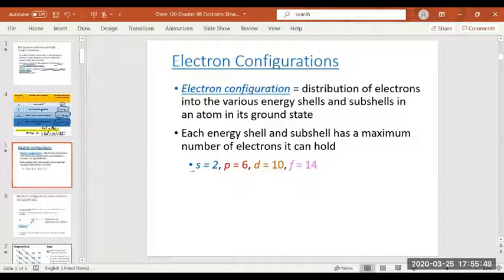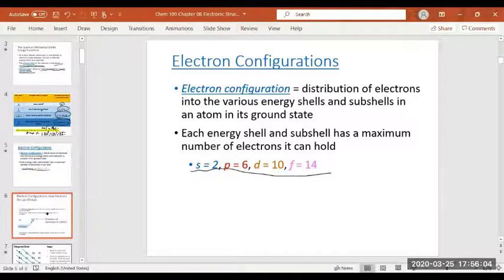And this is the maximum number in each subshell: s 2, p it is 6 electrons, d it is 10 electrons, f 14 electrons.